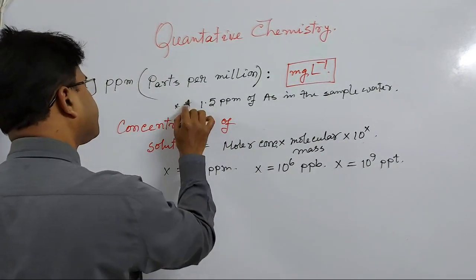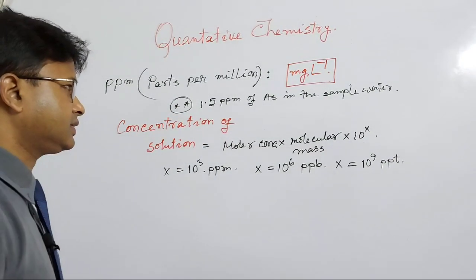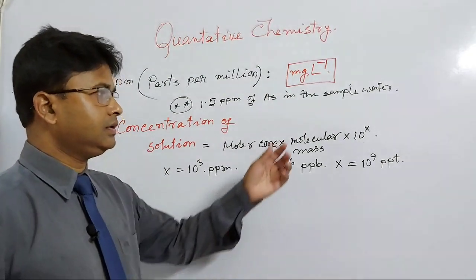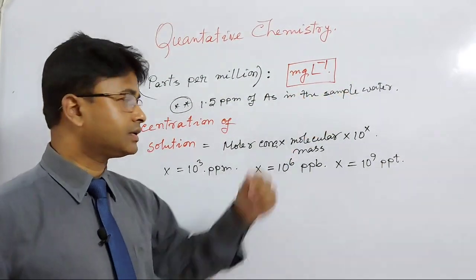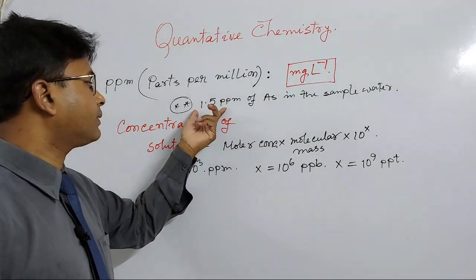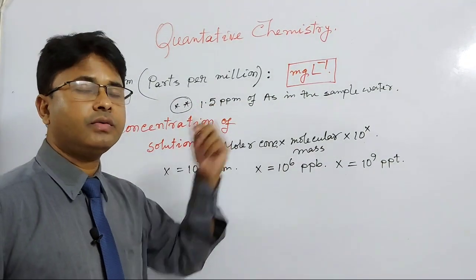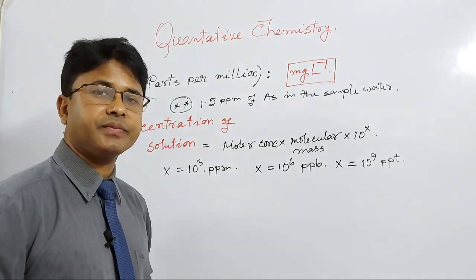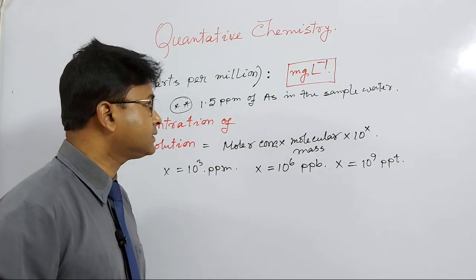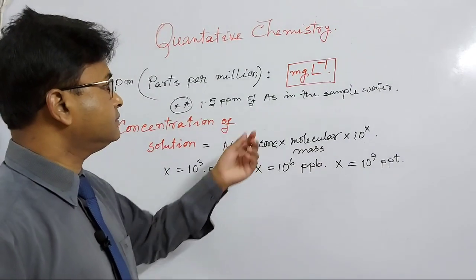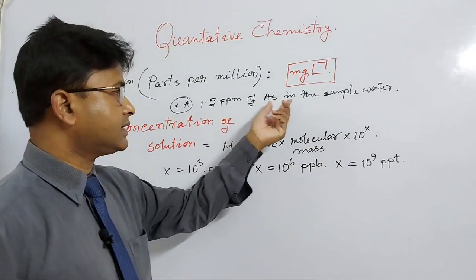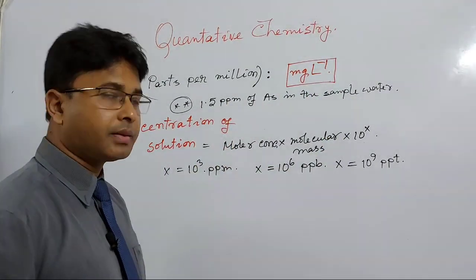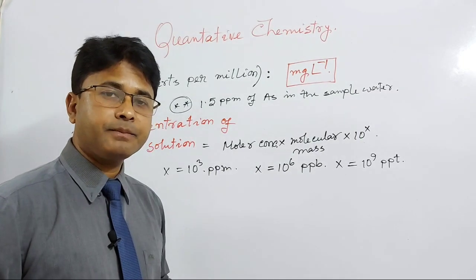It means at constant temperature in 1 liter sample water 1.5 milligram of arsenic is present. That's why it is said that the concentration of arsenic in sample water is 1.5 ppm.